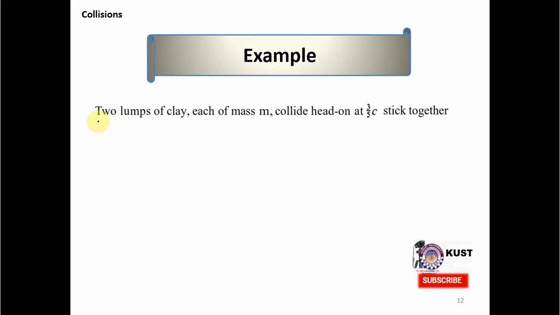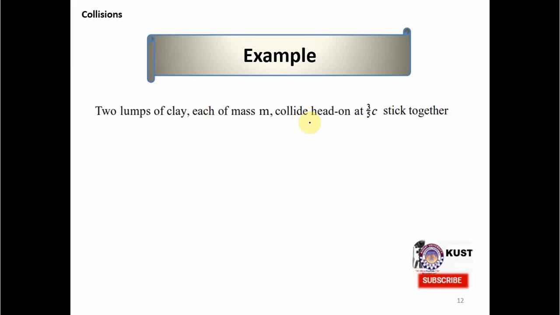Not particles, just clay, but you can extend these calculations to particles in different scenarios, and I will give many examples and exercises where you can calculate the different properties in the collision.